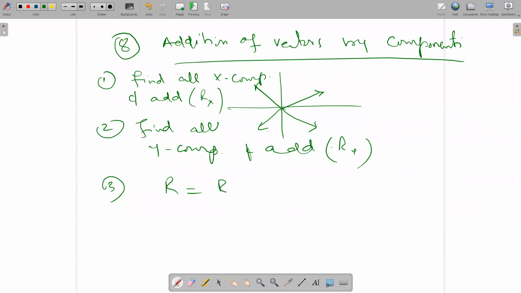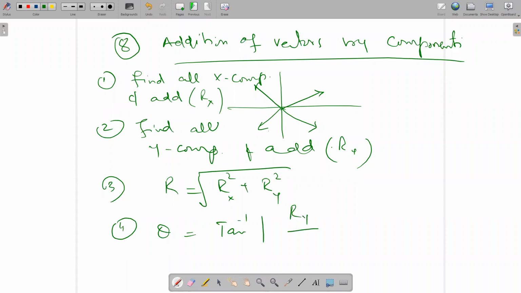Then you apply the same formula, the square root of Rx square plus Ry square. And similarly, the theta angle depends on the values of Rx and Ry, which one is positive and which one is negative. But the main formula is this one, the same formula which we discussed before. So this is all about these articles.